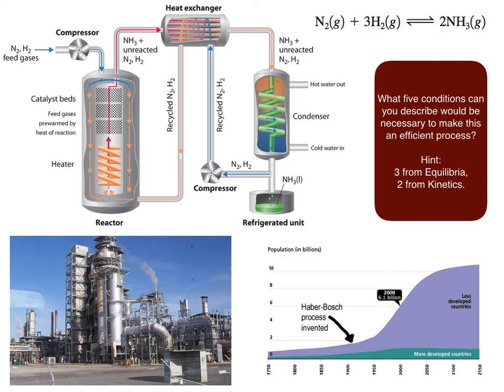The heat exchanger is present to conserve the heat given off by the reaction and to recycle it with the unreacted N2 and H2, while the condenser is constantly removing the NH3 that has been produced. This process, the Haber process, effectively manipulates both kinetic and thermodynamic conditions to generate as much ammonia as possible, and is the fundamental reason why the production of cheap and accessible fertilizer has exploded to feed the world.